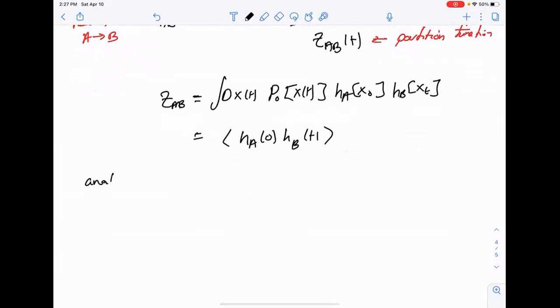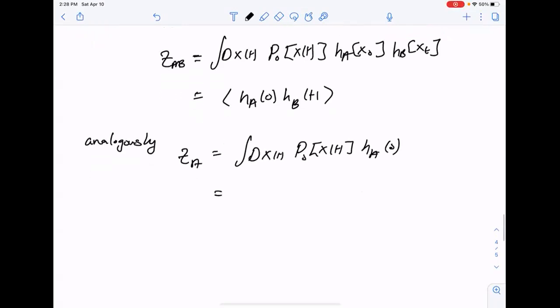Analogously, we could define a partition function Z_A, which is an integral over paths. The weight or probability of finding that path conditioned on starting in A at time 0. By construction, that's just an average of the operator h_A.